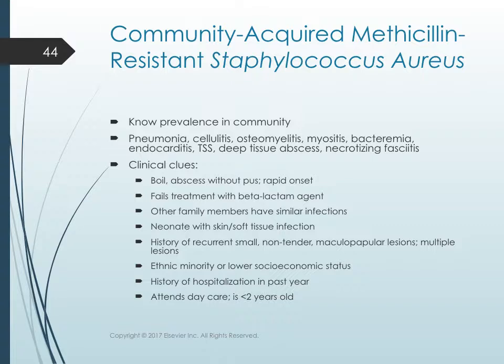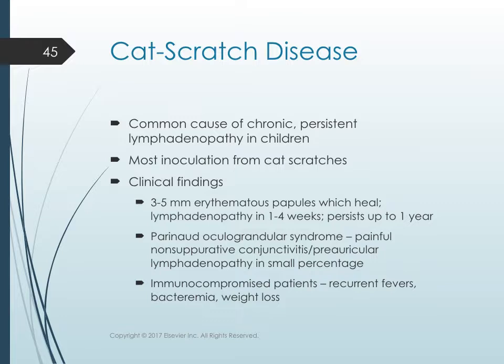Other clues are other family members with similar infections, skin or soft tissue infections in neonates, history of recurrent small, non-tender maculopapular lesions or multiple lesions, ethnic minority or lower socioeconomic status, history of hospitalization in the past year, attending daycare, and being less than 2 years old. So just keep that in mind when you're evaluating patients with signs of bacterial infection as clinical clues to MRSA.